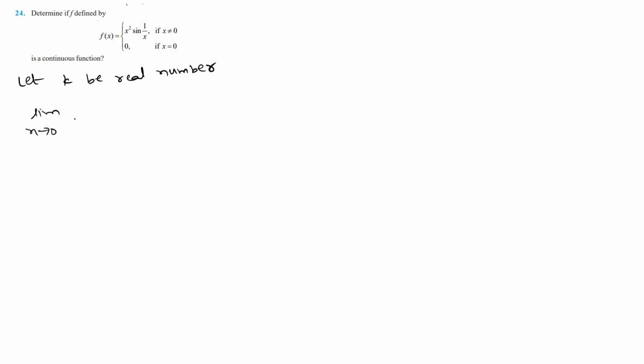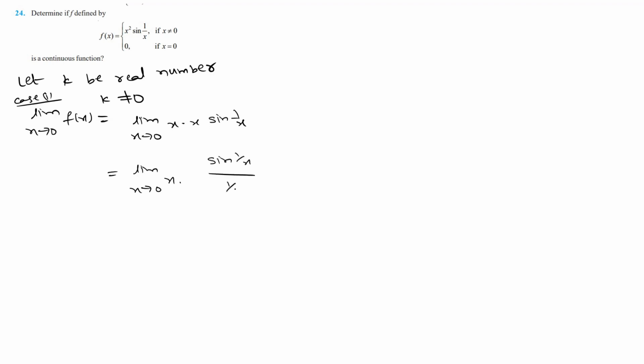So directly we will take here limit x tends to 0 of f of x. First we are taking for x is not equal to 0, or case 1 where k is not equal to 0. So we'll take this function here, f of x, and substitute 0. Limit x tends to 0, x square can be written as x into sine 1 by x, so x can be written as sine 1 by x divided by 1 by x.